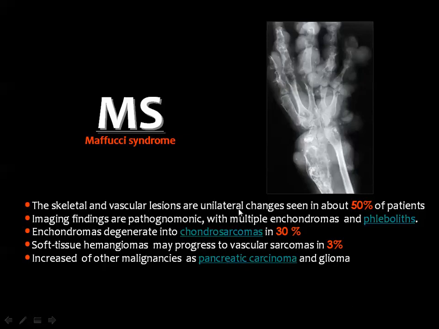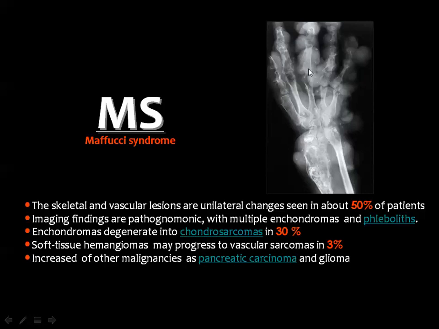Then the skeletal and vascular lesions are unilateral in about 50% of the cases. The vascular lesions are identified by the detection of phleboliths.